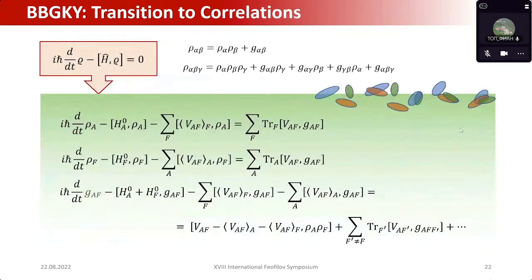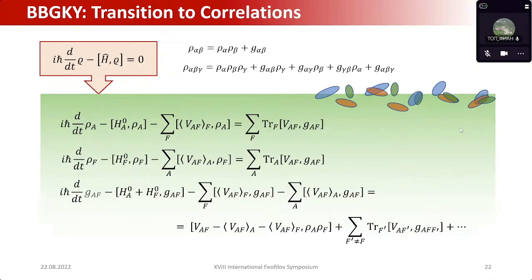Then, for the many-particle matrices, we make a substitution with the correlation matrices, where we take the many-particle density matrix as a superposition of the factorized and non-factorizable forms. These are all the permutations, etc. Substituting this way, we come to an endless hierarchy of equations written for the single-particle density matrices and for the so-called correlation matrices.